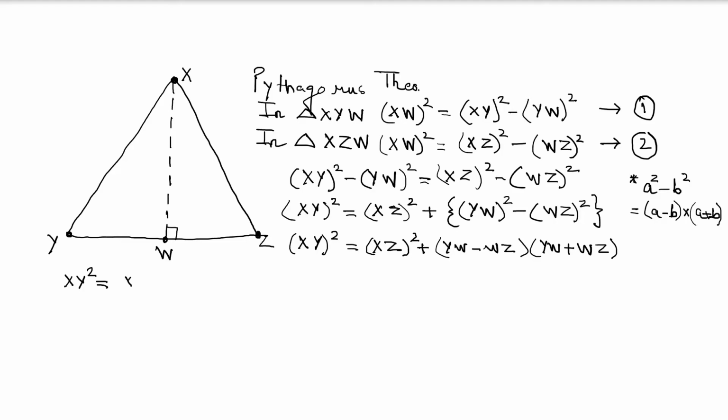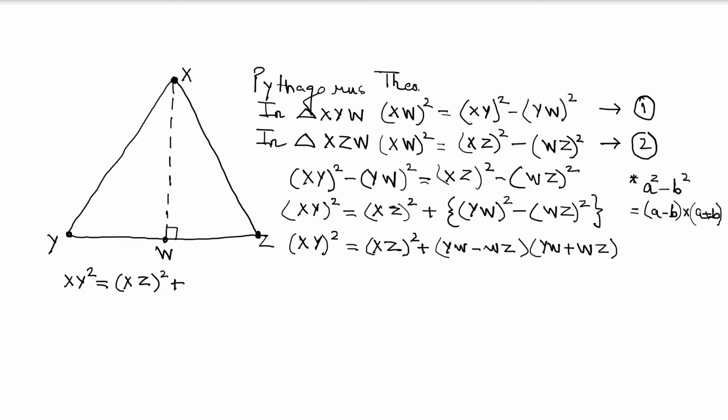Okay, going forward, can we say that this is nothing but XZ whole square plus, now we know that the point W did not exist in the triangle and it was made to exist. So now let us come out of it and let us convert YW plus WZ into the points which originally existed in the triangle XYZ.